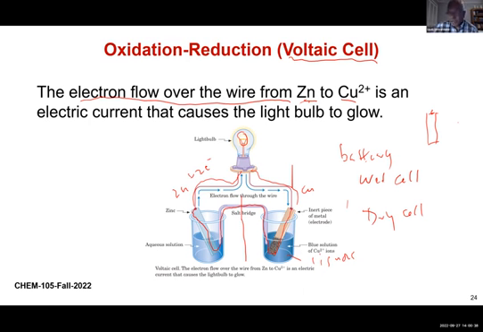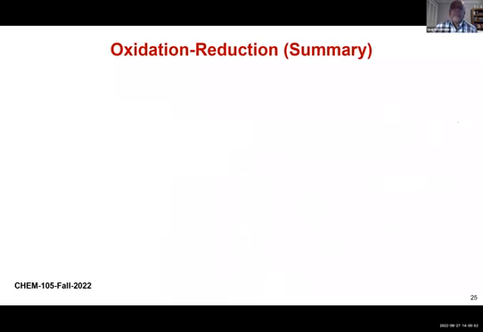Therefore, there are many types of batteries: rechargeable batteries, lead acid batteries, dry cell batteries, alkaline batteries, camera batteries, nickel cadmium batteries. We're going to look into that in a later section. Summary. Oxidation is loss of electrons.